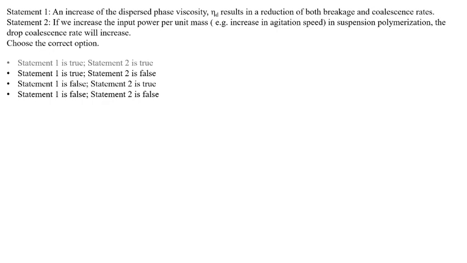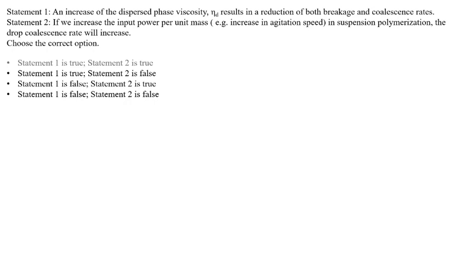So, for this, what happens here is the effect of the viscosity of the continuous and the dispersed phases on particle size distribution. An increase of the dispersed phase viscosity eta d results in reduction of both breakage and coalescence.